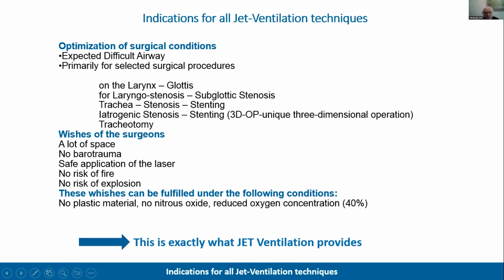Wishes of the surgeon: a lot of space, no barotrauma, safe application of the laser, no risk of fire, no risk of explosion. These wishes can be fulfilled under the following conditions: no plastic material, no nitrous oxide, reduced oxygen concentration 40%. This is exactly what the jet ventilation provides.